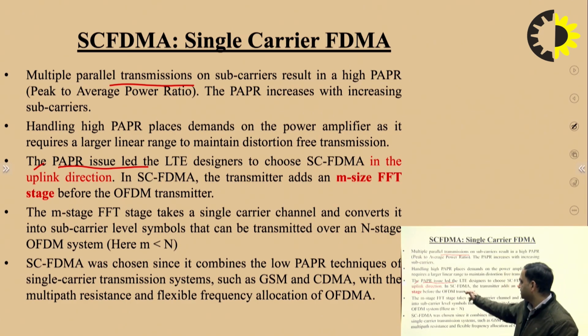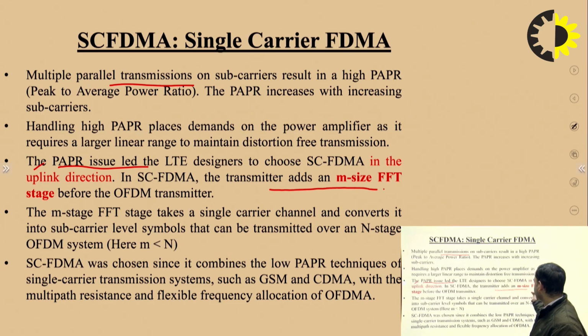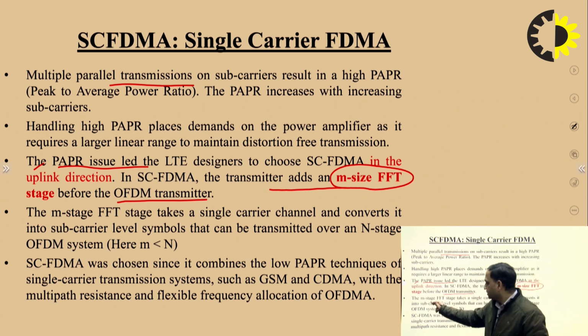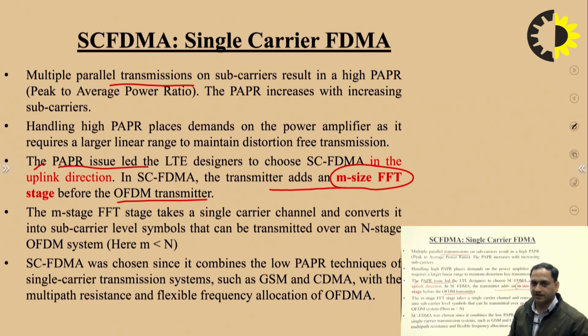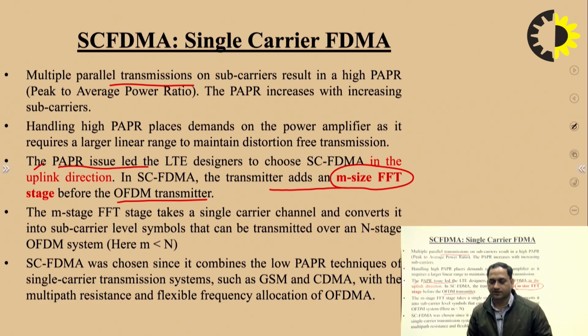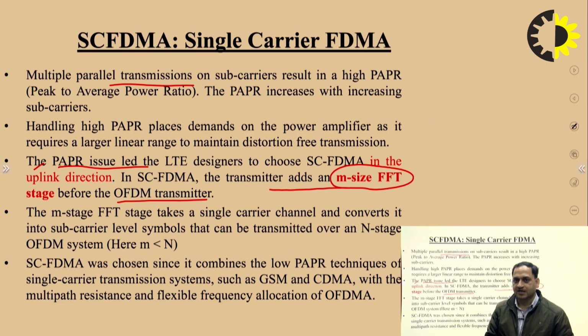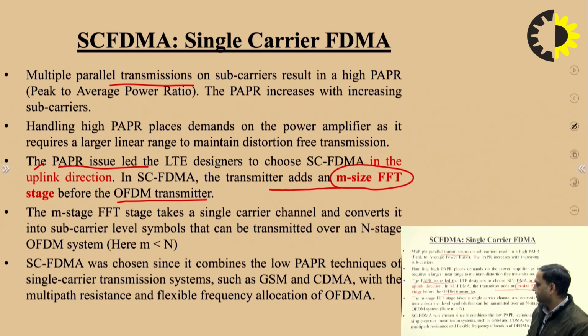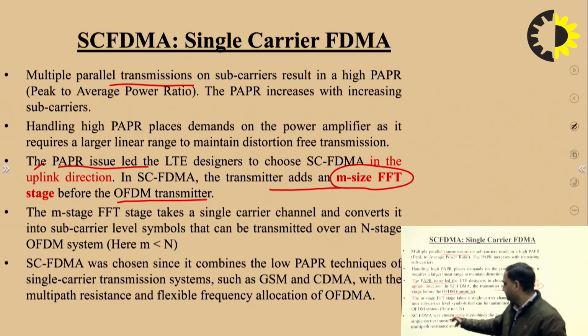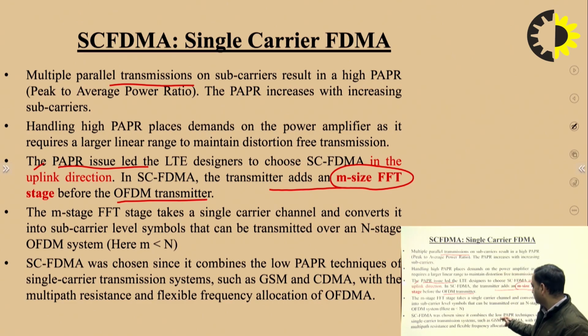In SC-FDMA, the transmitter adds an M size FFT at the stage before the OFDMA transmitter. So in short, in the downlink we use the OFDMA concept, just like in 4G networks like LTE, and in the uplink we use the SC-FDMA concept. This SC-FDMA was chosen since it provides low PAPR.